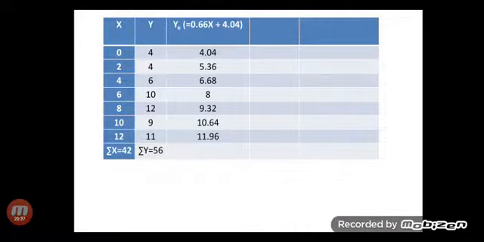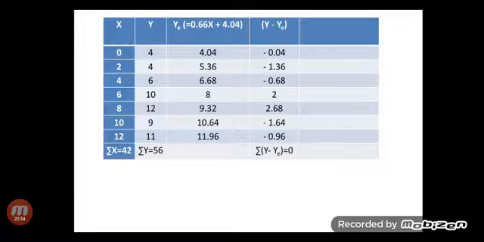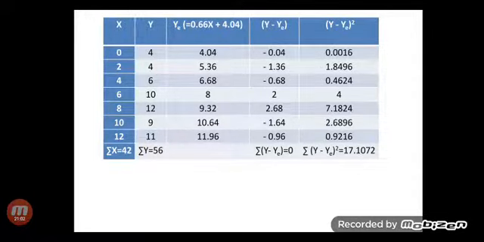Again, we calculate the estimated value of y from the regression equation of y on x. We get the estimated value ye. So these are the estimated values of ye. We take the deviations of y from its estimated value ye and square them.